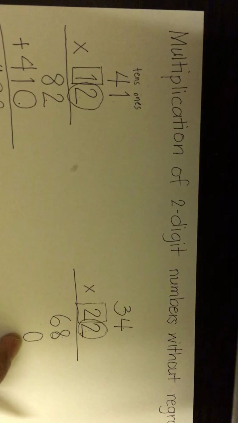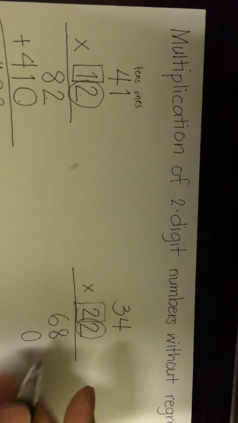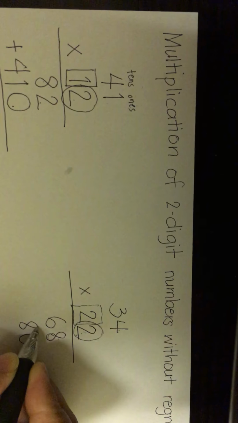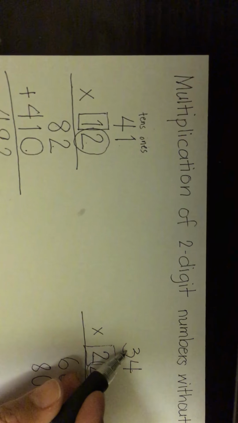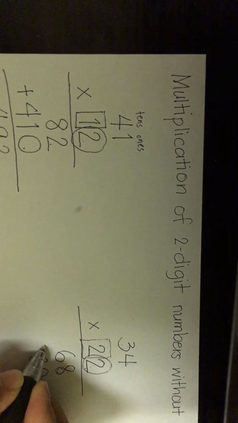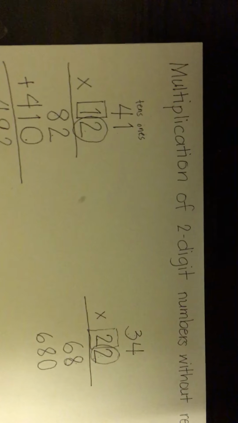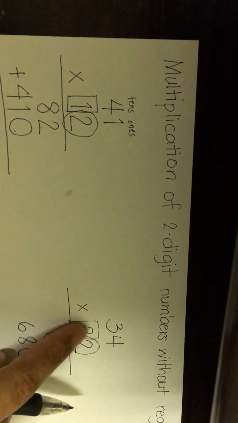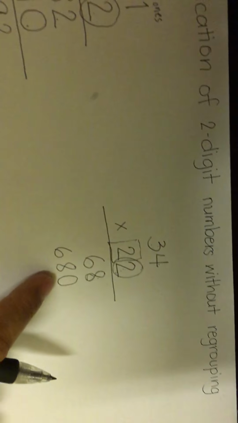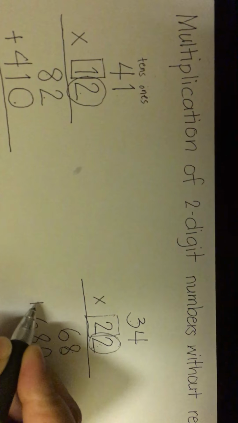So 0 first. Then 2 times 4 is 8, and 2 times 3 is 6. We're not yet done, although we are done multiplying. The last step will be addition.